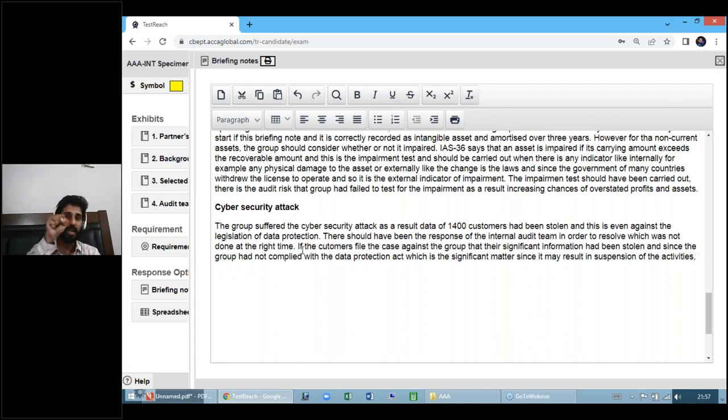Now that is the punchline to prove that this is a significant risk, to convince that this is a significant risk.